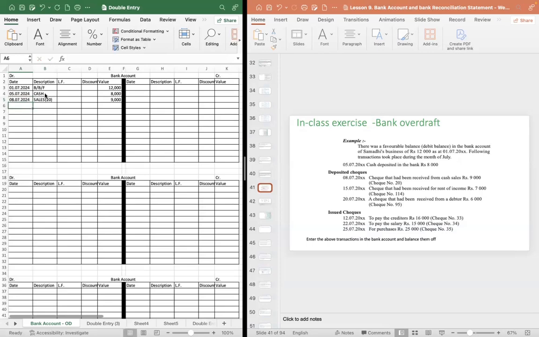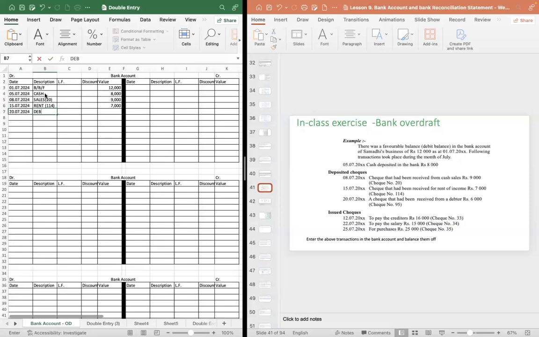And then on the 15th, what has happened? 15th July 2024, check received from rental income. Rental income again check එක හම්බෙලා තියෙනවා. Rent එක check number 114. Since the bank balance is going up, we are recording it on the debit side. And then on the 20th, check received from the debtor, rupees 6,000.